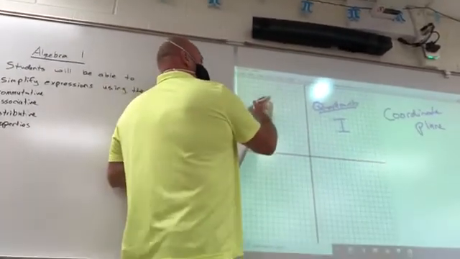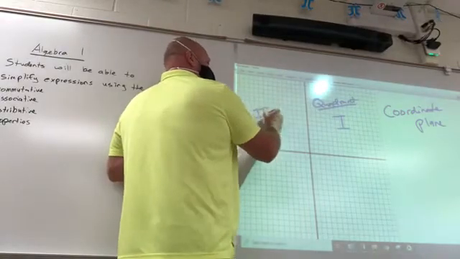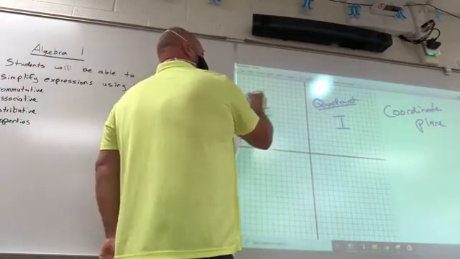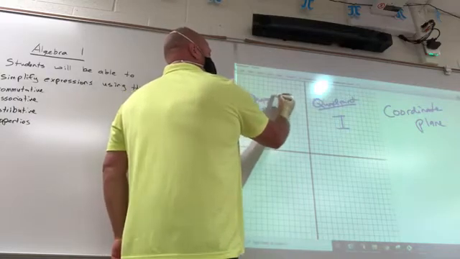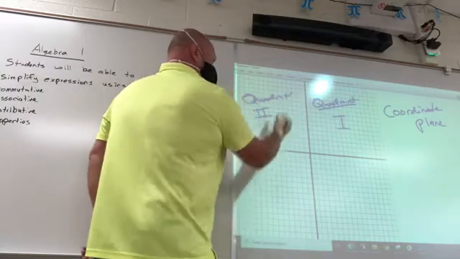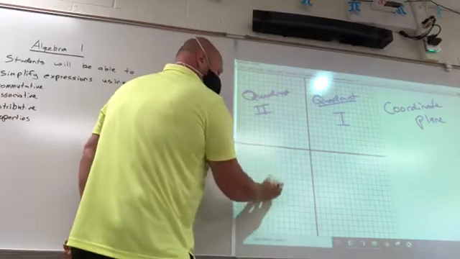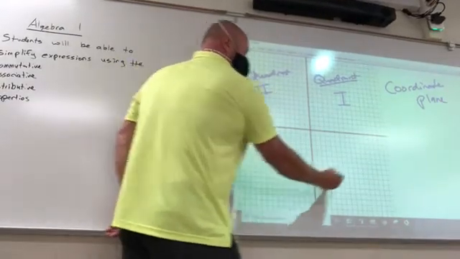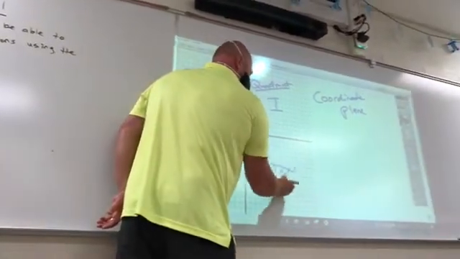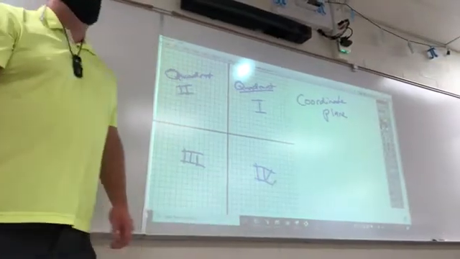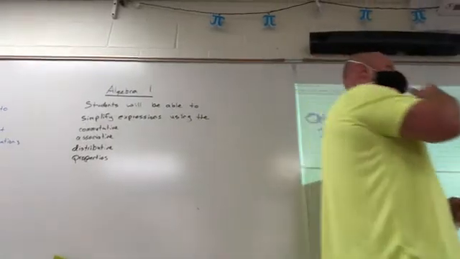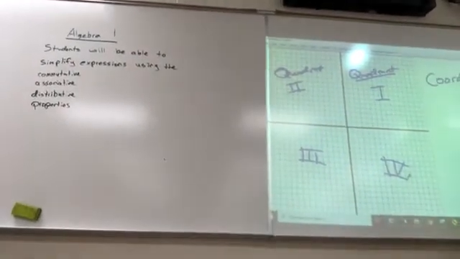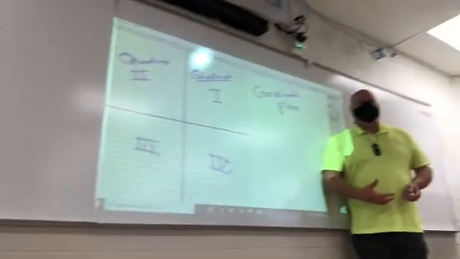So this is quadrant 2. This is going to be quadrant 3. And this is going to be quadrant 4. Okay? So all that is basically a way of helping us describe where points are, right?